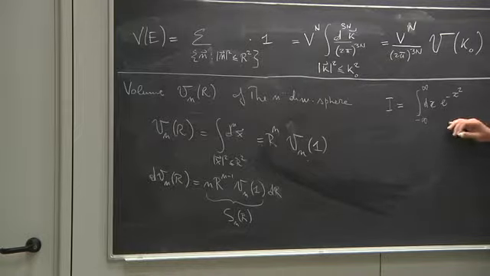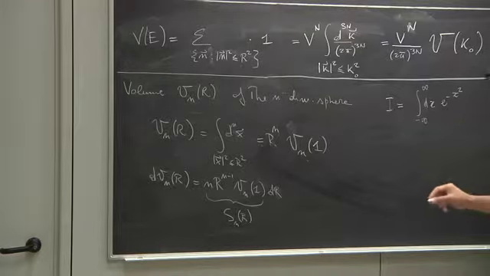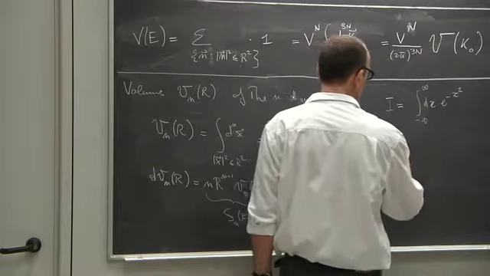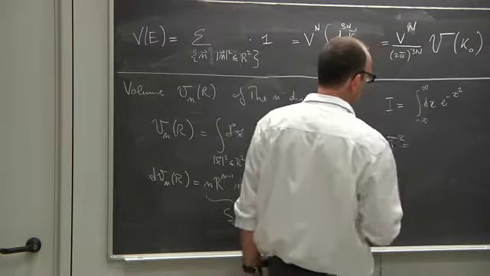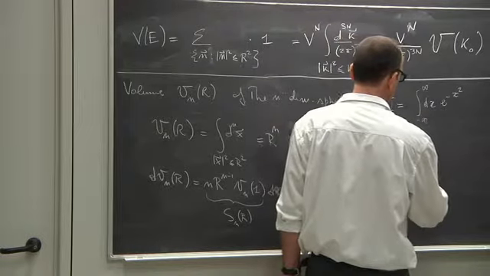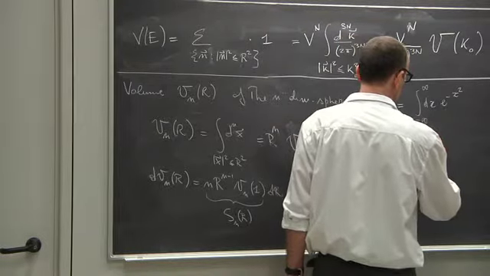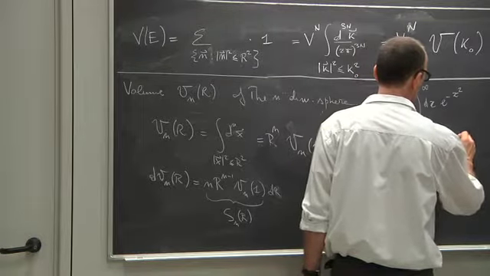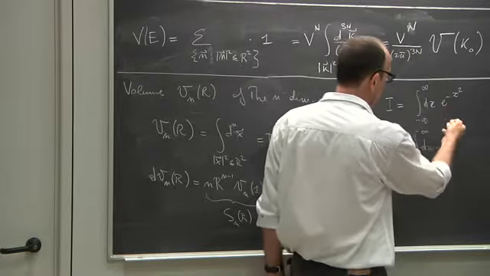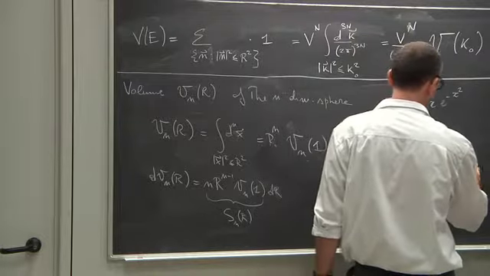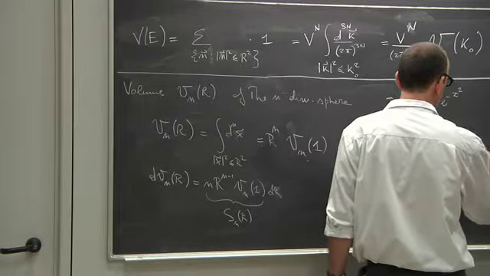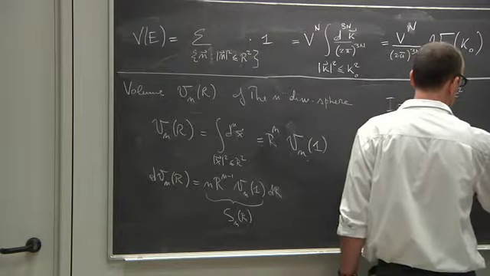In order to compute this integral, which is not straightforward to integrate, there is a trick you can use: instead of computing I, compute I squared. So I squared is clearly the integral from minus infinity to infinity of dx e to the minus x squared times another integral of this type, which I can call the integral on dy e to the minus y squared.